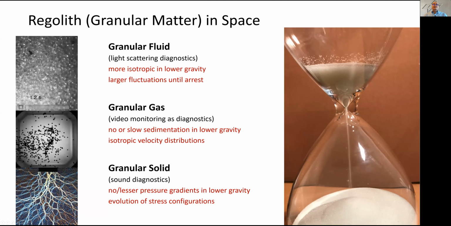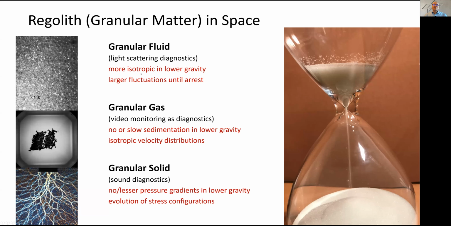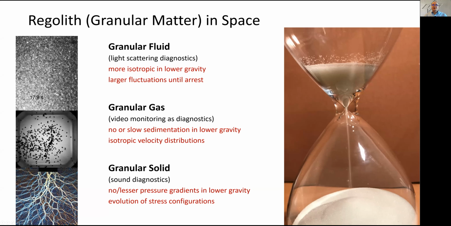In microgravity, grains are typically at lower gravity much more isotropic, and you have larger fluctuations in their operations. Granular gases are sedimenting not at all in zero gravity and much slower if you have non-zero but low gravity. And you have much more isotropic distributions in both spatial positions and velocity.